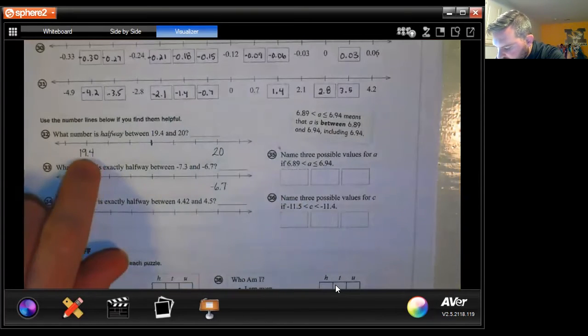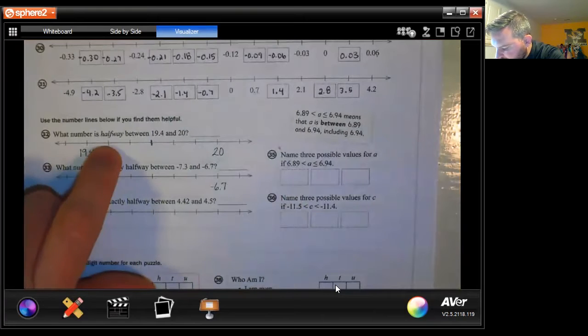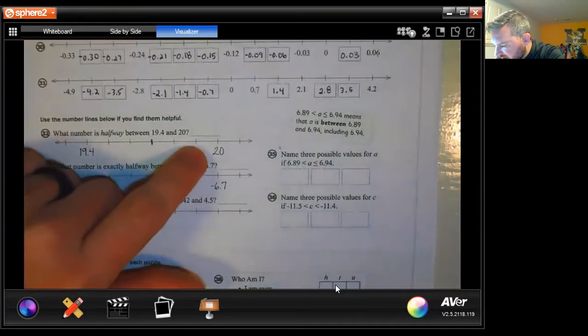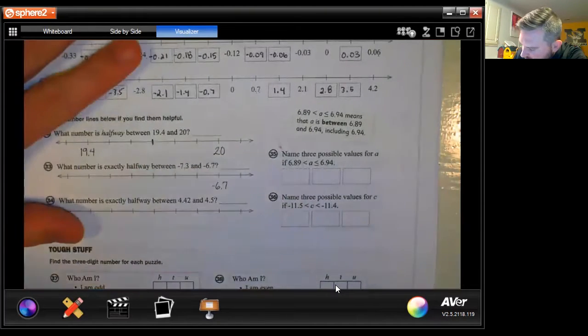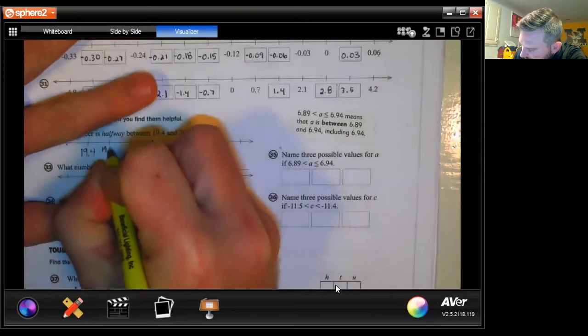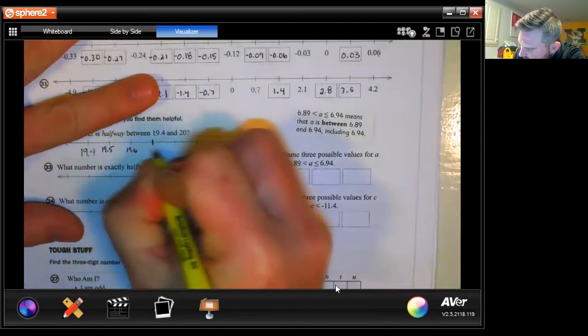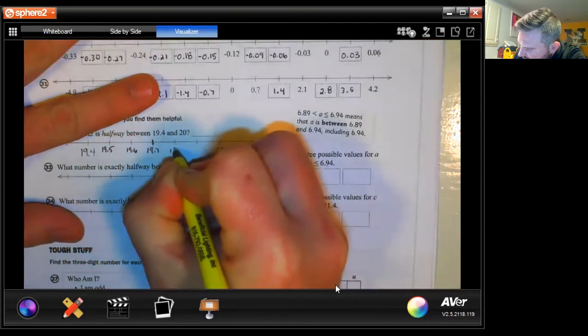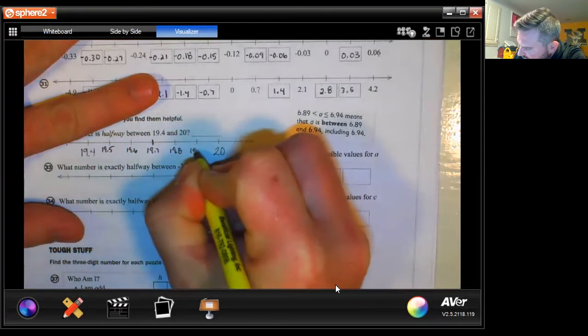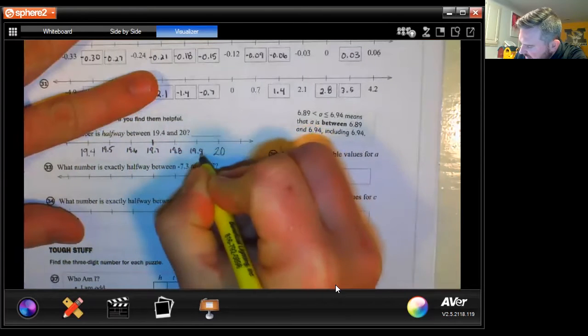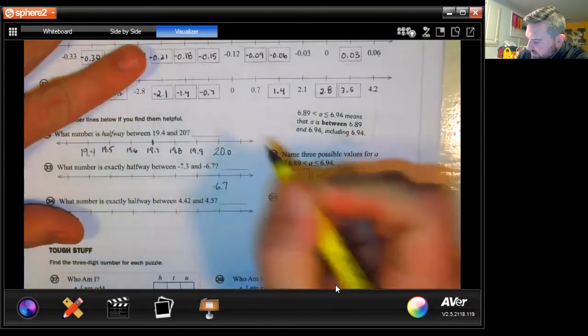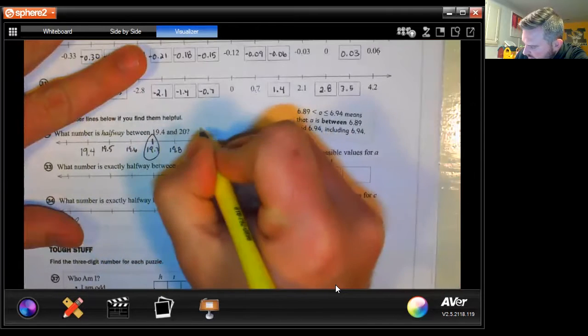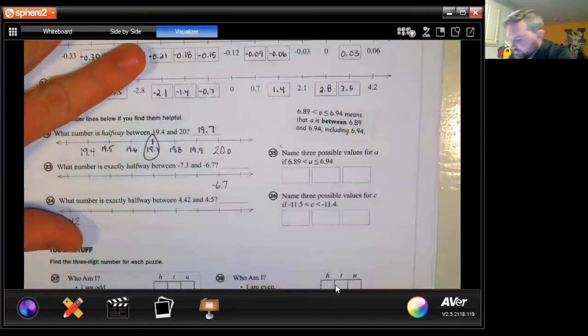So 0.4, 0.5, 0.6, 0.7, 0.8, 0.9, 1.0. So this could be 19.5, 19.6, 19.7, 19.8, 19.9, and then 20.0. So the number halfway would be 19.7.